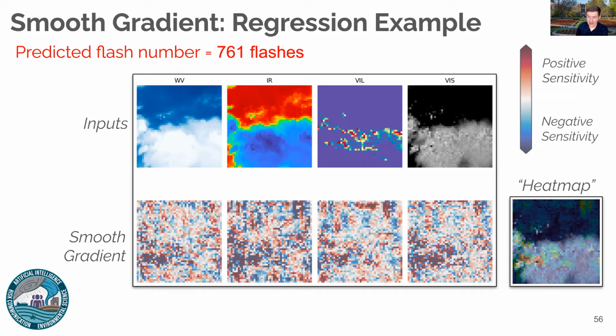And you can see how that really dark blue area, if you look at the heat map on the right, is a really bright yellow color. So it's really looking closely at that updraft information. If I increased the brightness temperature there, meaning I made it warmer, so you made the cloud shorter, so it's not as deep a cloud, that would reduce its lightning capability. So that's how I would interpret that.